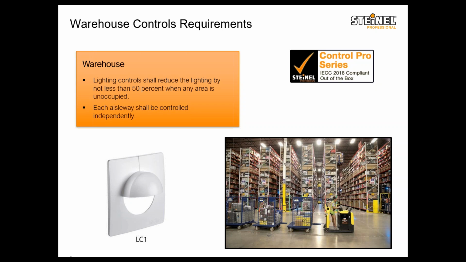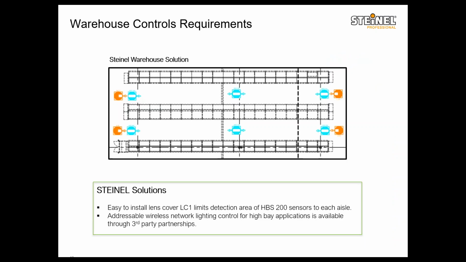Here you can see an example of our solution: we have the HPS 200 with an LC1 sensor cover at each end of these aisles, and then we have the normal HPS 200 in the middle to provide coverage in the middle of the aisle.